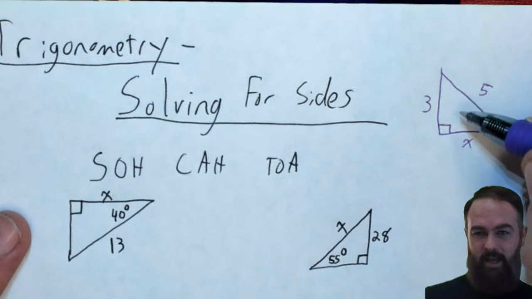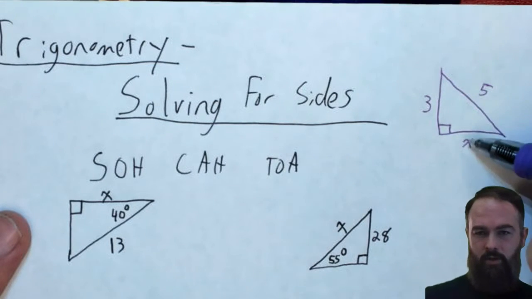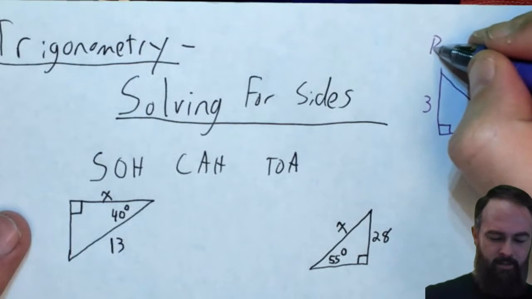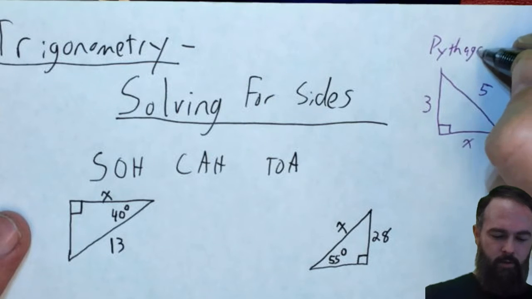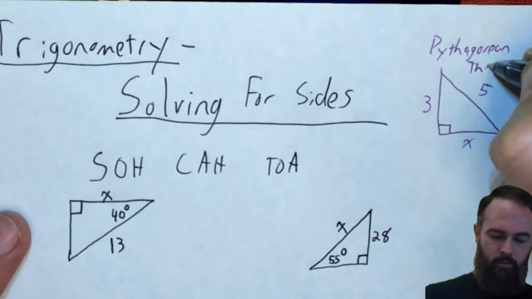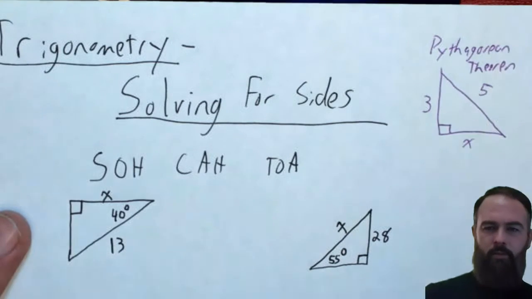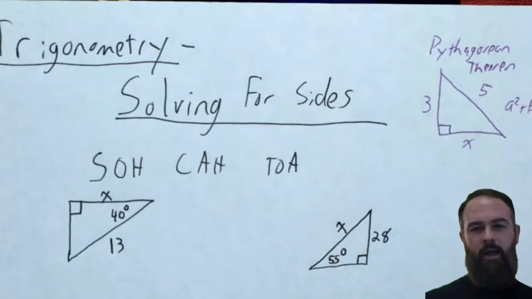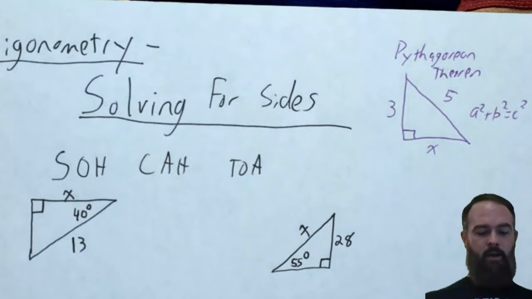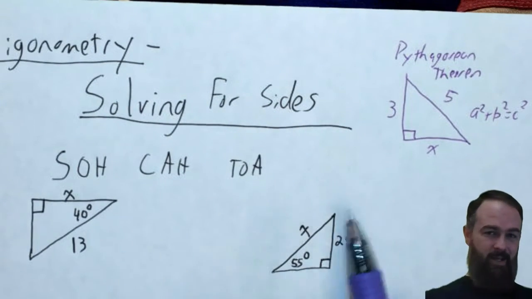If you know two sides and you're looking for a third, that is a definite classic Pythagorean theorem problem, because that's our classic a squared plus b squared equals c squared, and then we move on from there. Now, if you'll notice, these down here aren't like that.